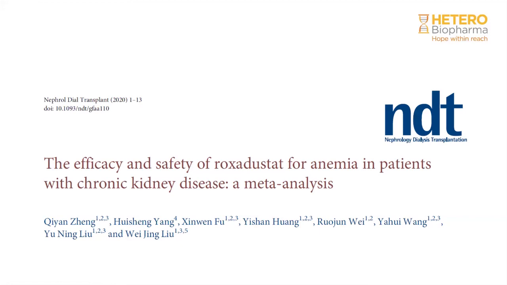I wouldn't say it is even equivalent or superior to EPO or darbepoetin. It just qualifies to be used in non-dialysis dependent patients. If someone is interested in anemia management, they can go through this meta-analysis. Overall, it says that in non-dialysis dependent patients it is equivalent, but in dialysis dependent patients it's not superior.